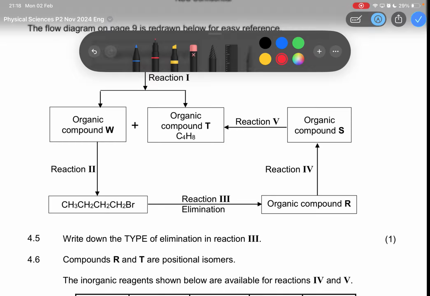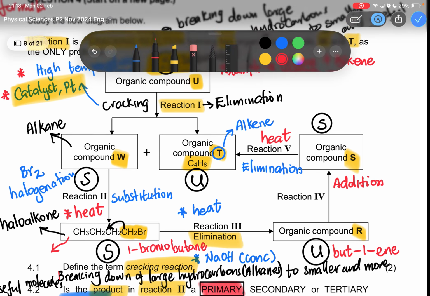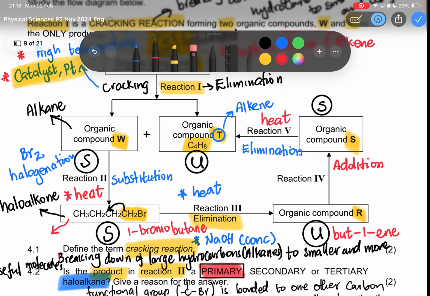For reaction 3, write down the type of elimination. I think I didn't write the type of elimination this is, but we are removing HBr, remember? So that becomes a dehydrohalogenation.